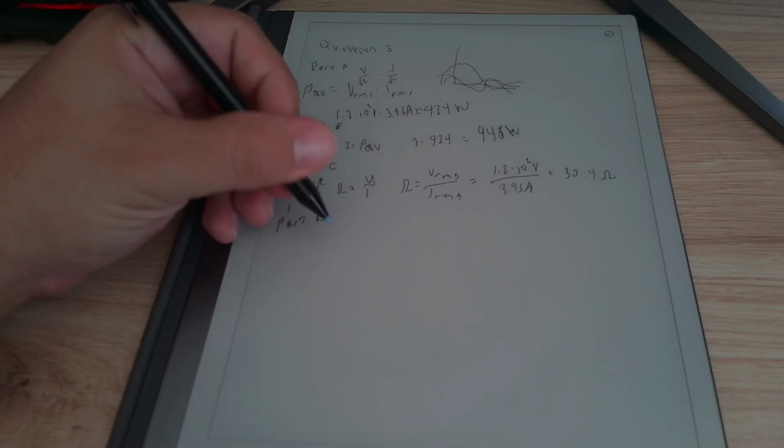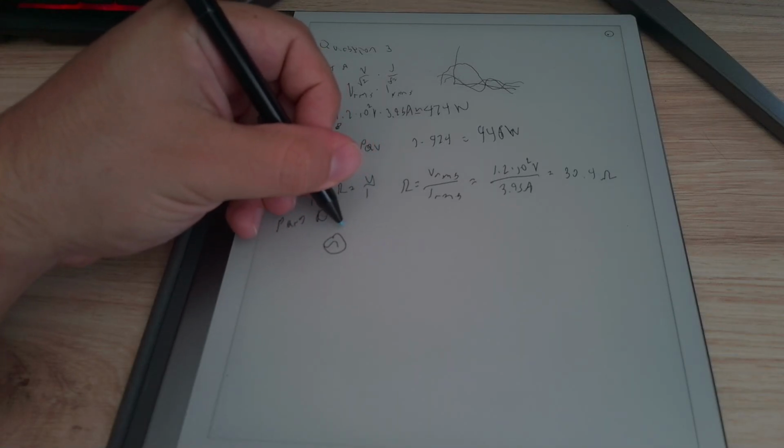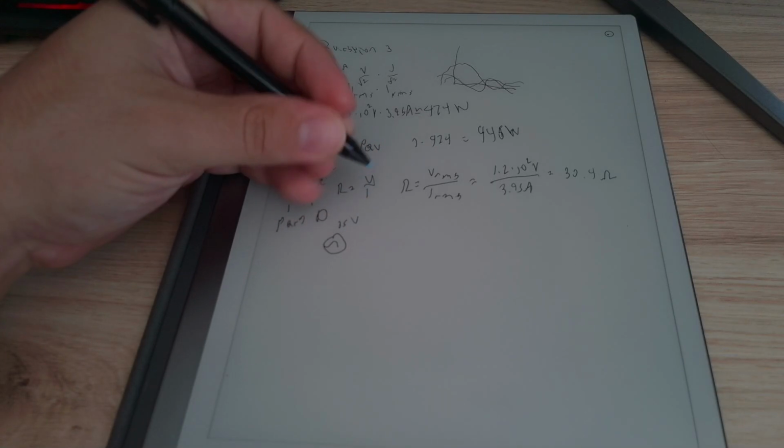So we're going to have an alternating current here. Its amplitude is 35.